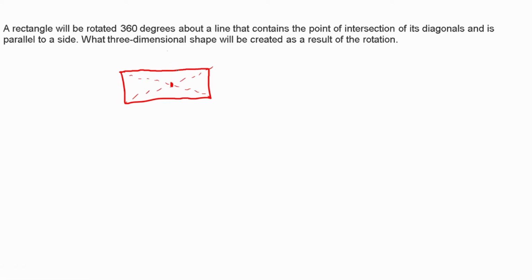If it's parallel to a side, that means it's perpendicular to the others. This line has to be going like this, which means when we rotate it around here, as this side comes around this way, and as this side comes around this way, that's going to give us a cylinder.